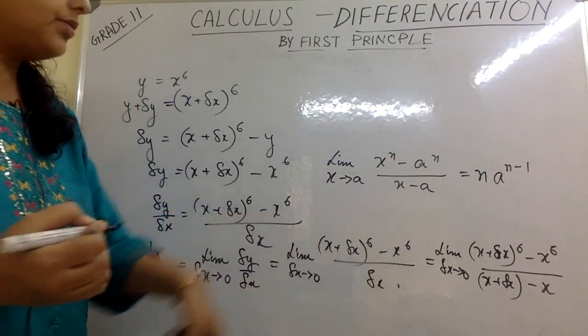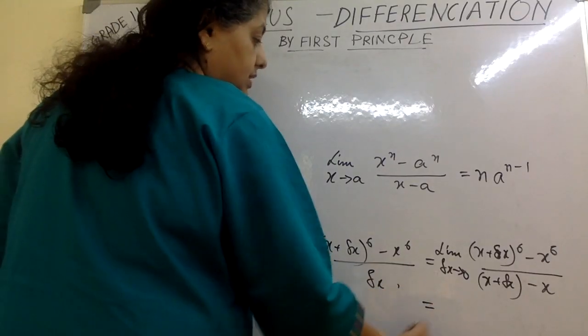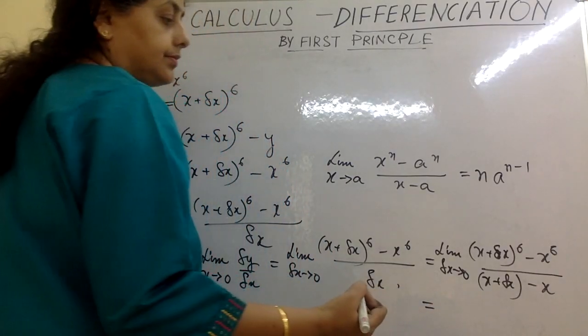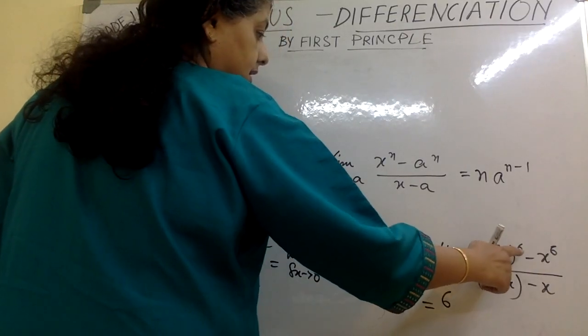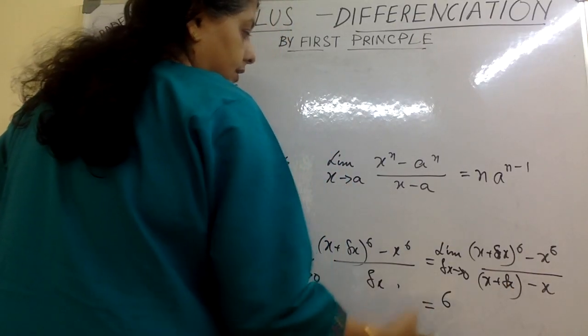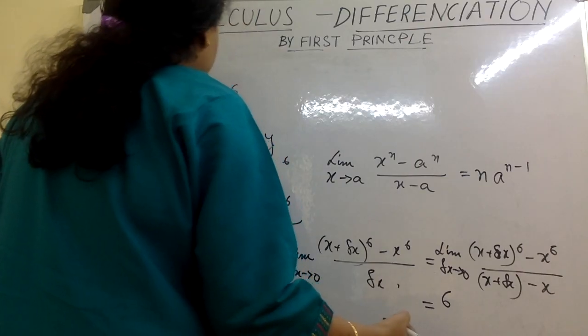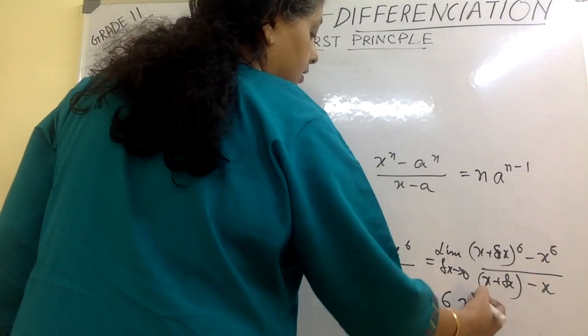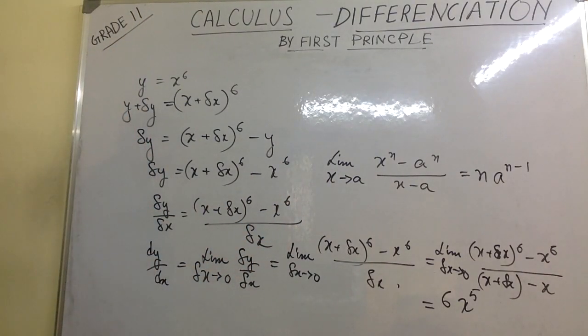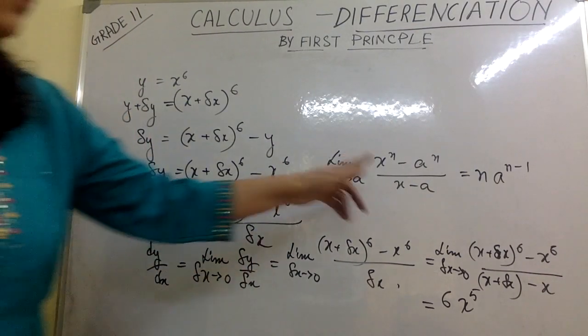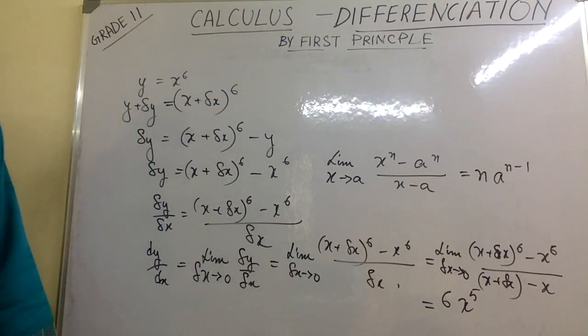This formula we are going to apply here. This becomes 6, because n is 6, and then x to the power 5. That is our answer, because here our a was the same as x.